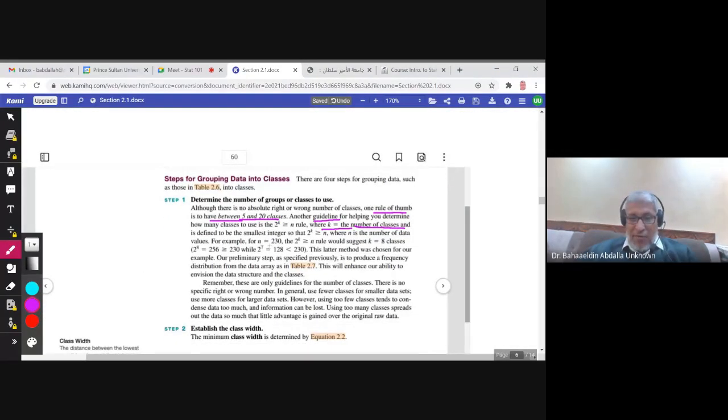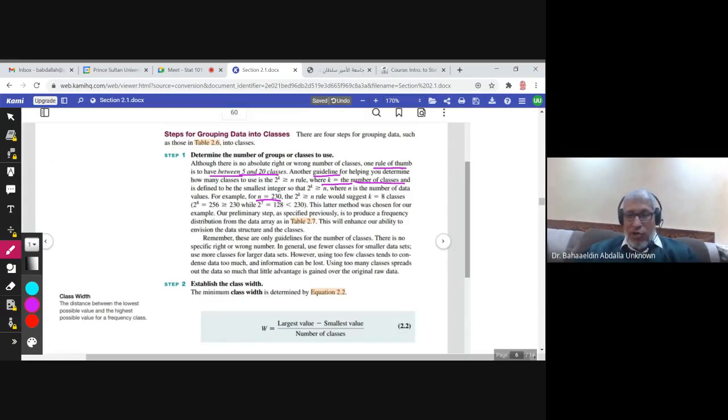We can determine K, the number of classes, like the following. If n is 230, meaning you have 230 values in the data, a very huge number, we divide the data into classes. How many classes do we need? You should use this formula: 2 to the power k should be greater than or equal to 230.